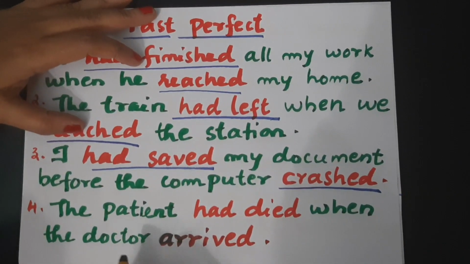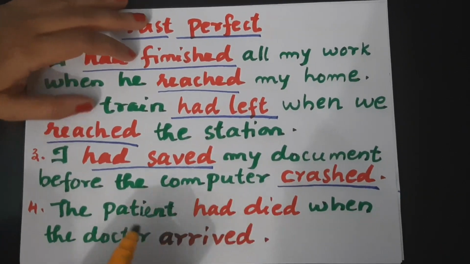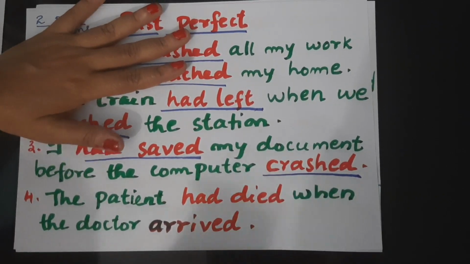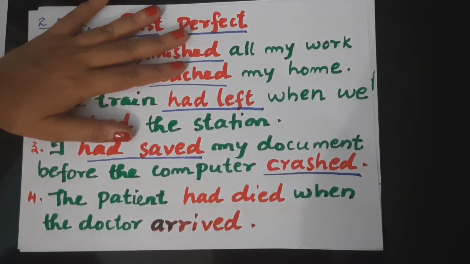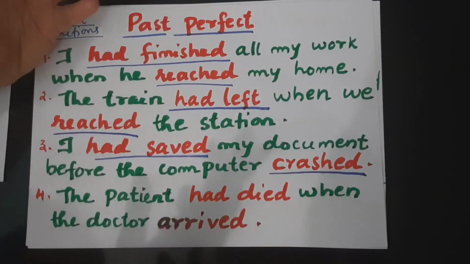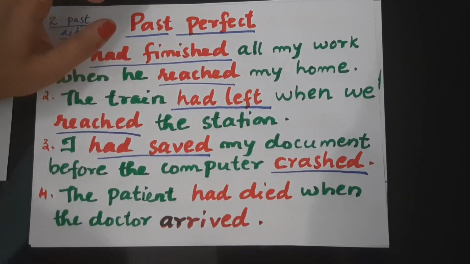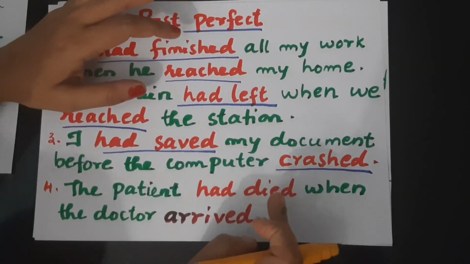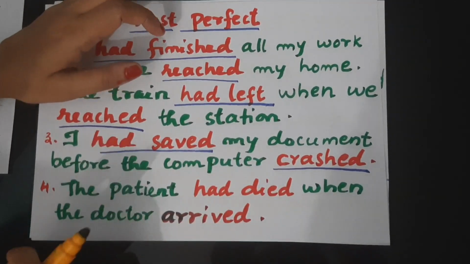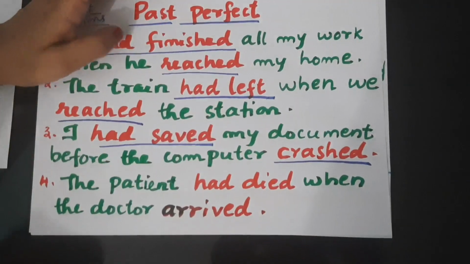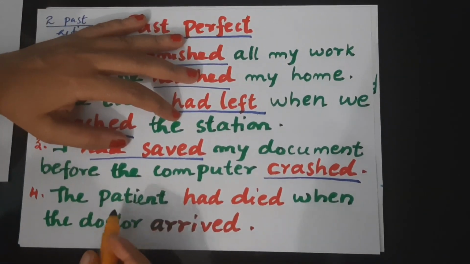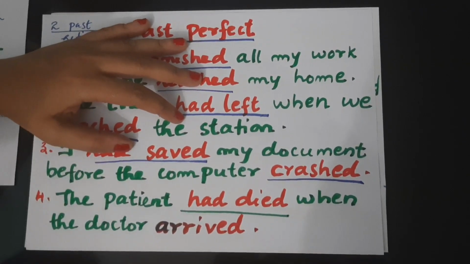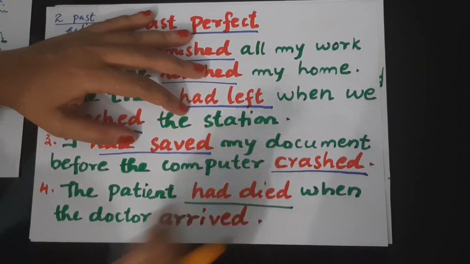The last one. The patient had died when the doctor arrived. The patient died is a past event, and the doctor arrived is also another past action. Which one is the first completed action? The patient died. So for the first completed action, you can use past perfect. That's why the patient had died, the first completed action, is in past perfect.